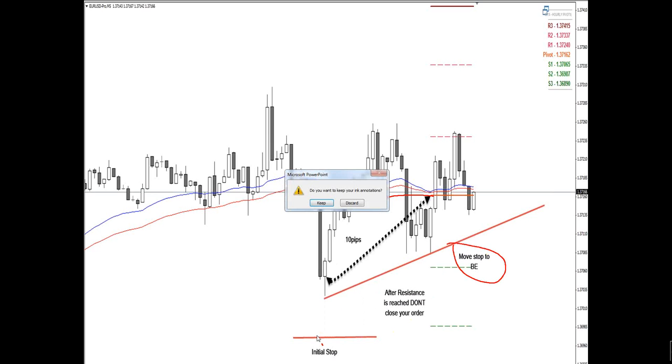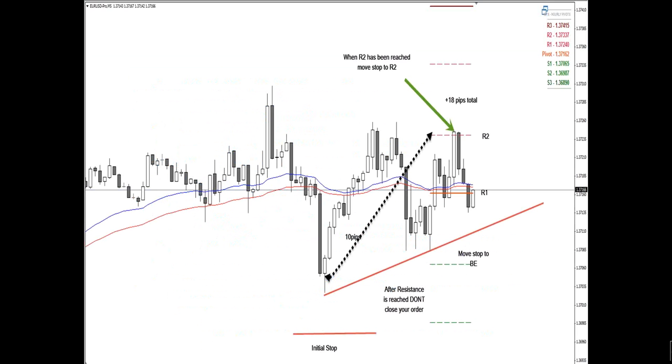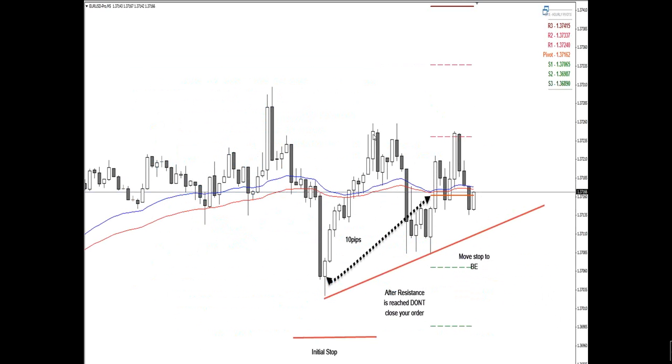Now, the initial stop, sorry, this is here again. Now, I will move my initial stop here. So after I make 10 pips there, I will move my stop here.